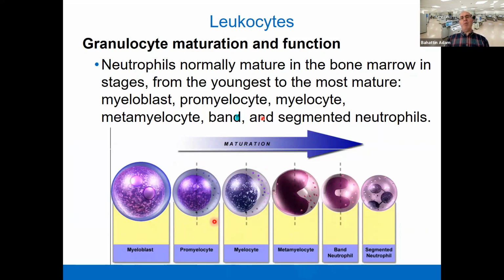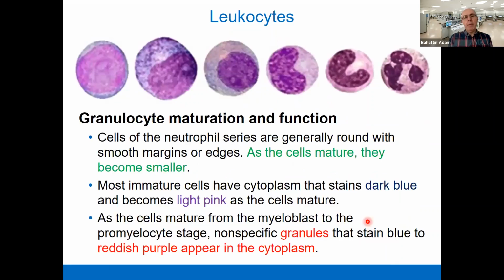However, we have to know that as they mature, the size of the cells and the size of the nucleus become smaller, and they also acquire some granules over time. I'm going to show them.